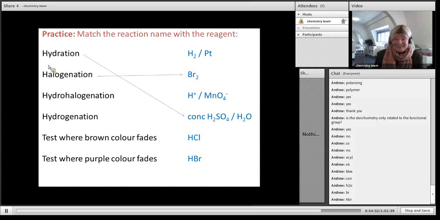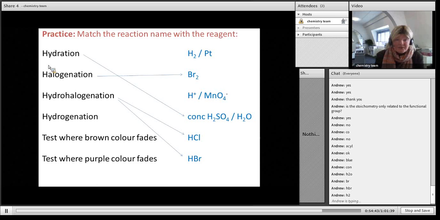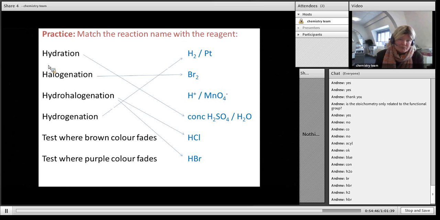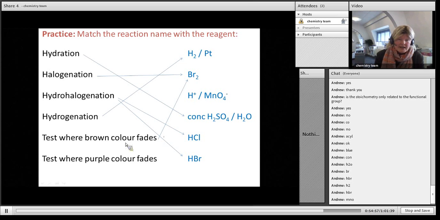Hydrohalogenation, okay, I'm slightly ahead of you there. There I've used HCl and not HBr, but I could also use HBr, correct, both of those. And hydrogenation is the top one. And then where the brown color fades is which one? Okay, it's Br2, because Br2 is brown. And the test where the purple color fades is the permanganate. Sorry, I've gone a bit faster than you.